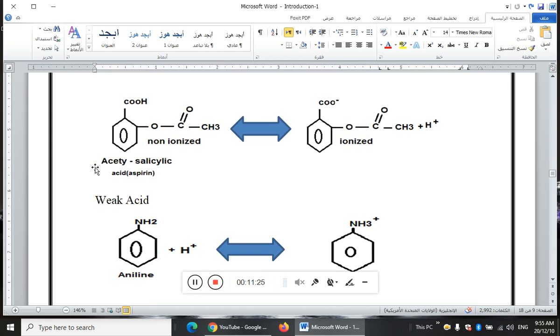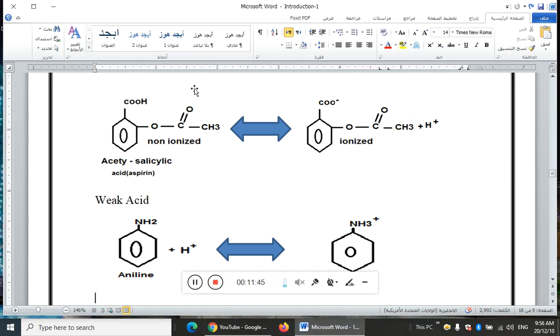Here in this equation we see acetyl salicylic acid, which is aspirin. It is a weak acid, and there are two parts in this acid: non-ionized parts and ionized parts.